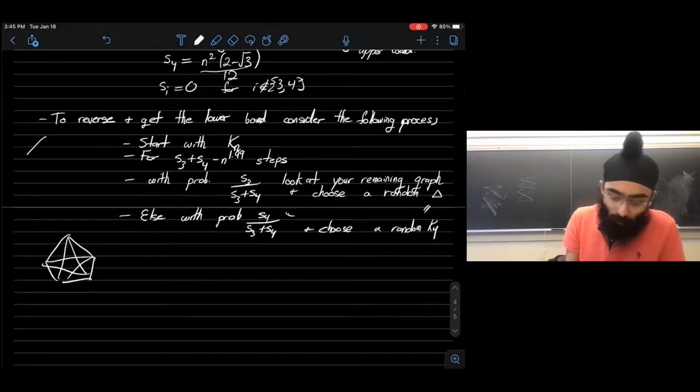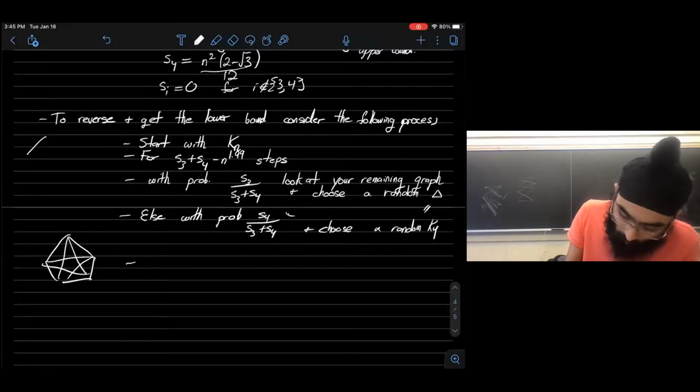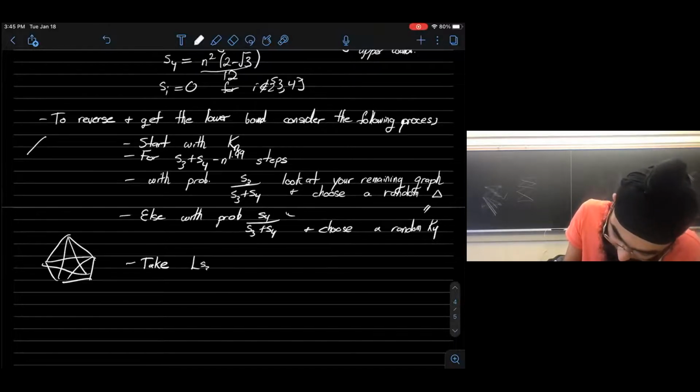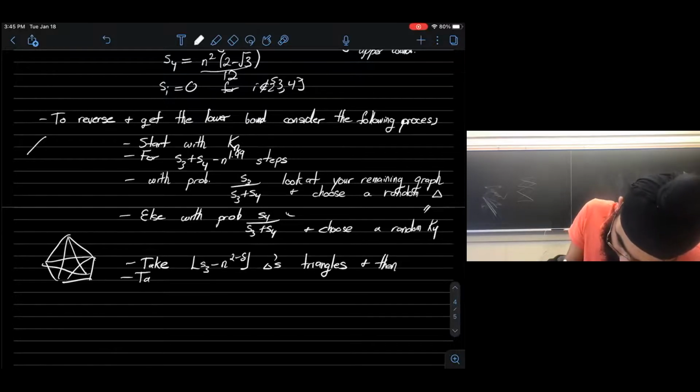If you want to use known results in the literature, you don't do this. You can instead take S3 minus n to the 2 minus delta triangles first, and then take S4 K4s.